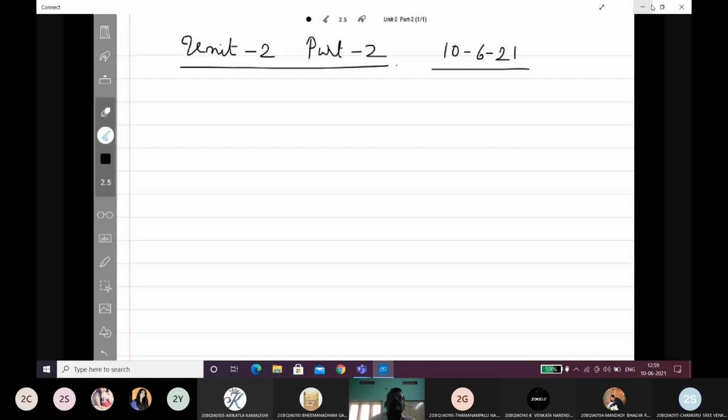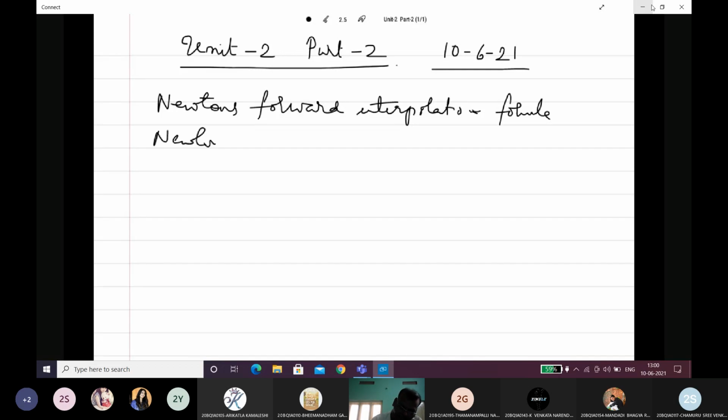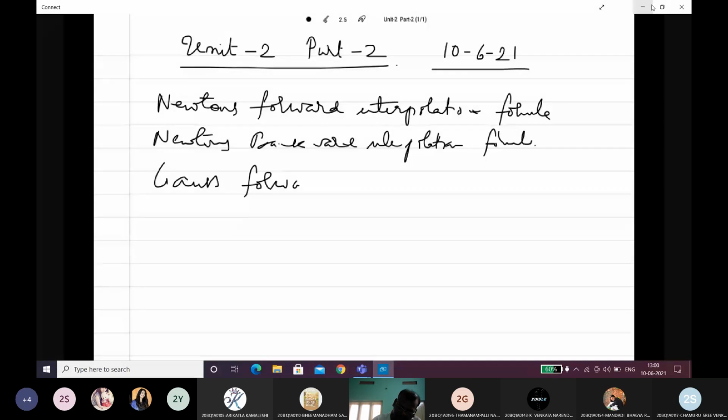Now, in this topic, I discussed Newton's forward interpolation formula, and the second one, Newton's backward interpolation formula, and Gauss forward, Gauss backward, Lagrange's.